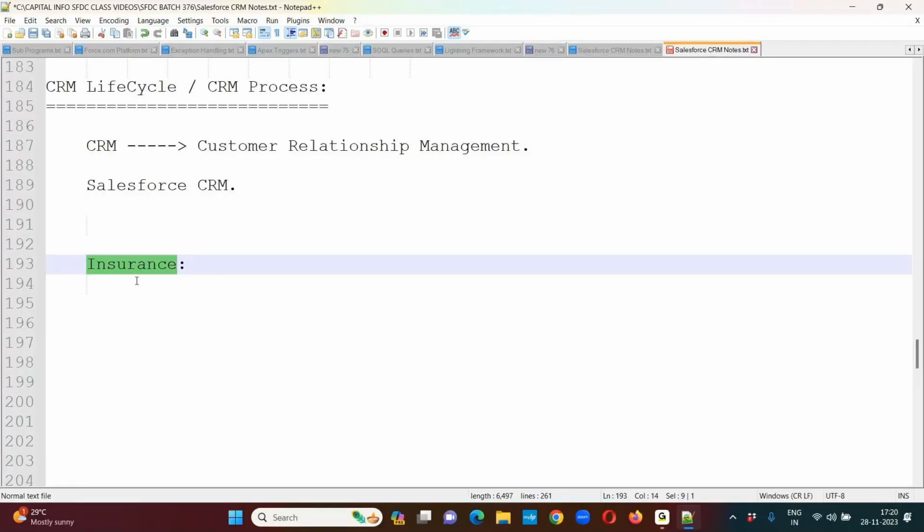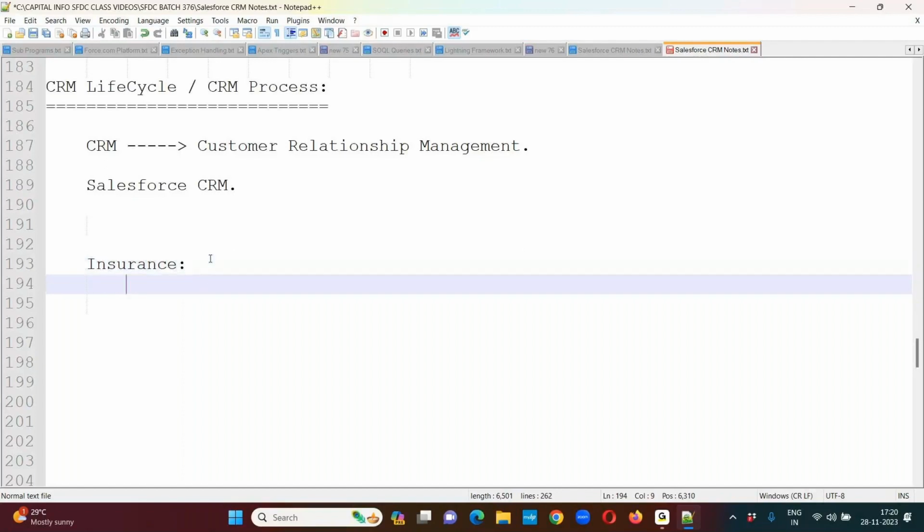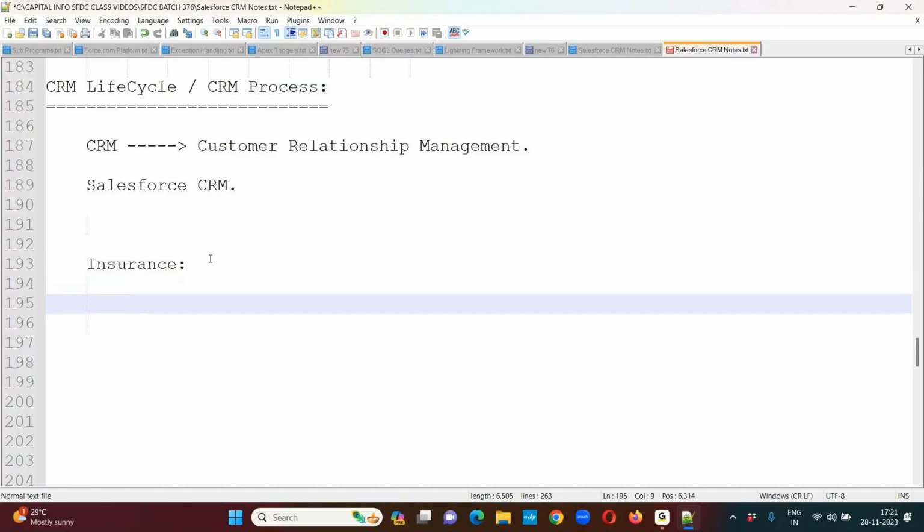Now, as part of this insurance domain, we have some insurance domain specific terminology. Each domain has its own specific terminology. For example, today I would like to take a policy from an insurance company. It may be LIC, Bharati AXA, Future Generali, New India Life Insurance, ICICI, HDFC, anything.